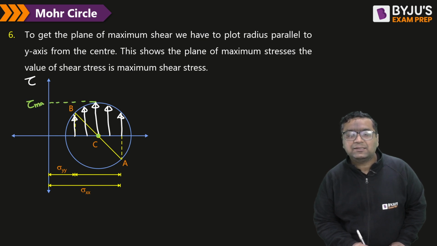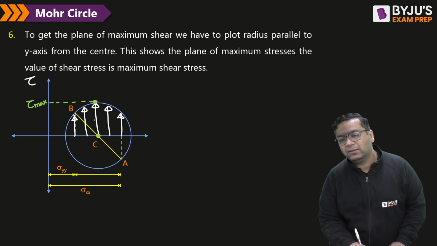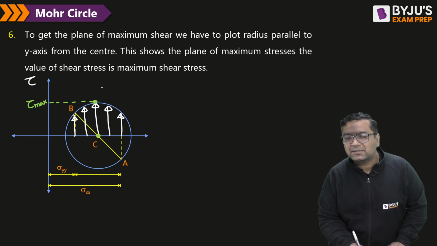So the plane of maximum shear is the radius parallel to the y-axis. And at this, the state of stress is going to be sigma star comma tau max.